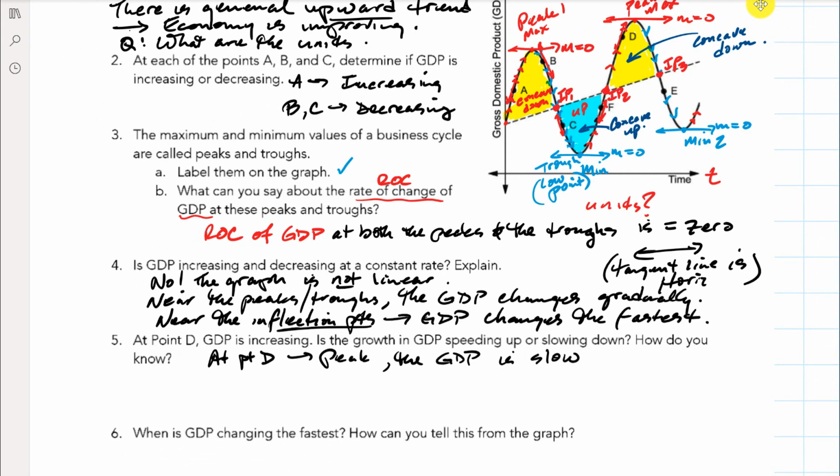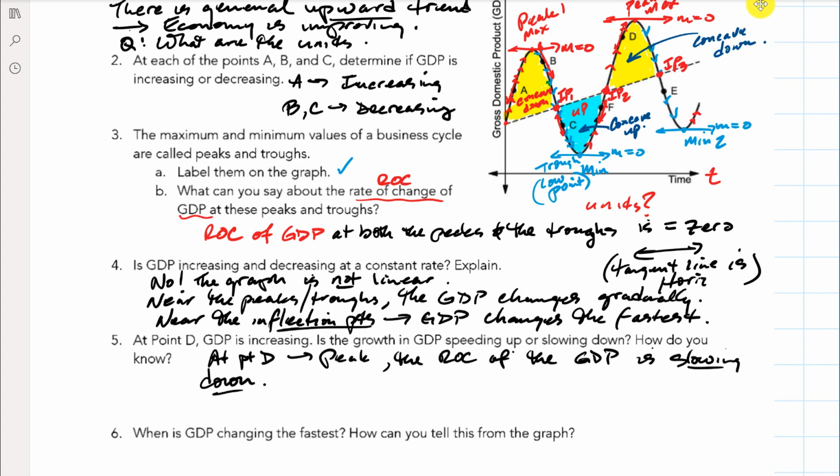So the rate of change of the GDP is slowing down, because it's reaching that max value at the very top where the slope is 0. So it's got to be slowing down.